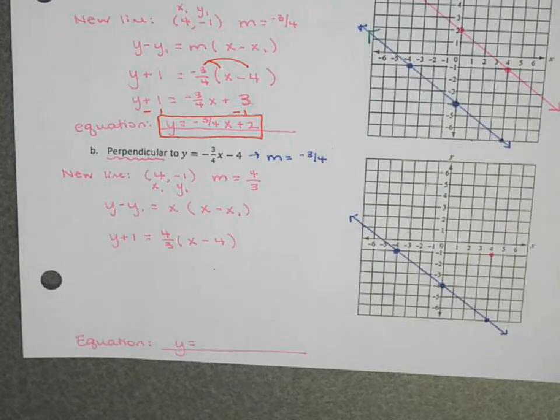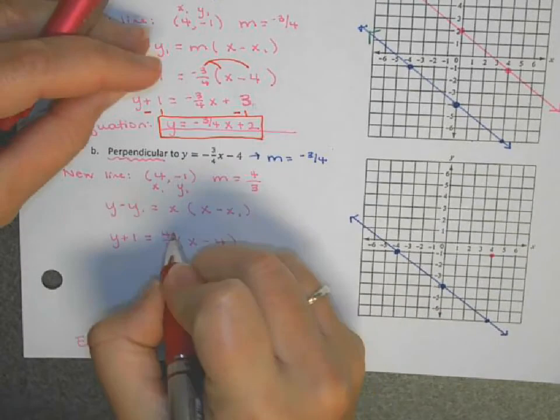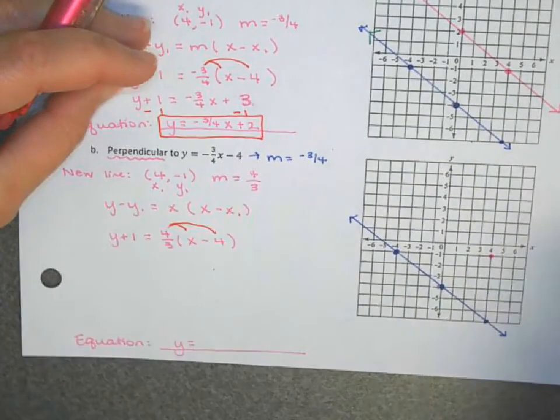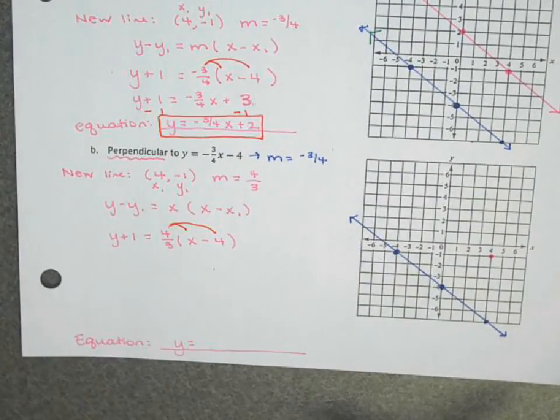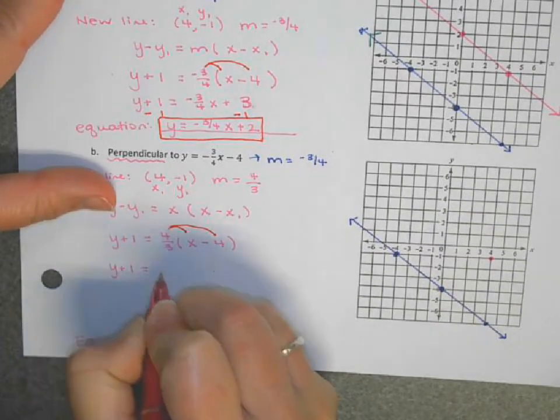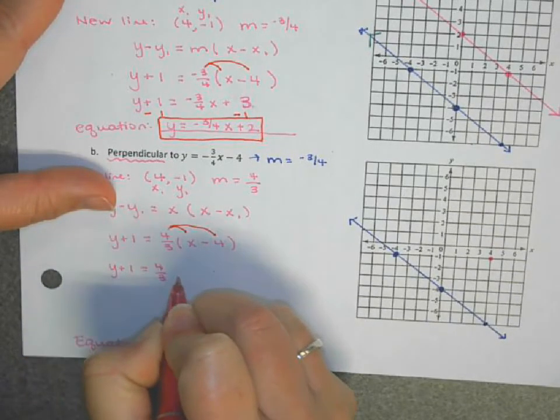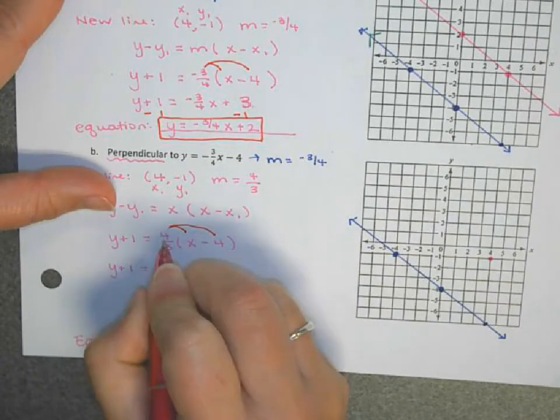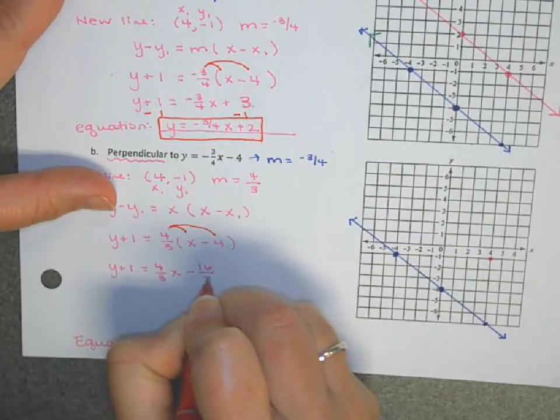Okay. So then what we're going to have to do is get y alone. First, we're going to have to get rid of the parentheses, and then we're going to have to move that 1 over. So I'm going to take this 4/3 and distribute. Four times 4 is 16 over 3 still.